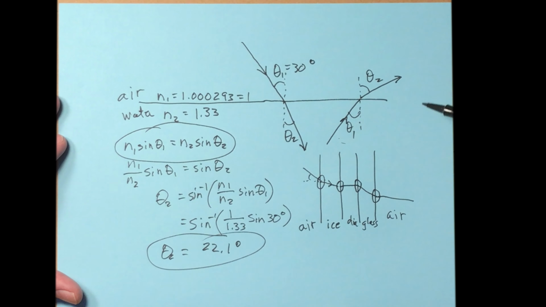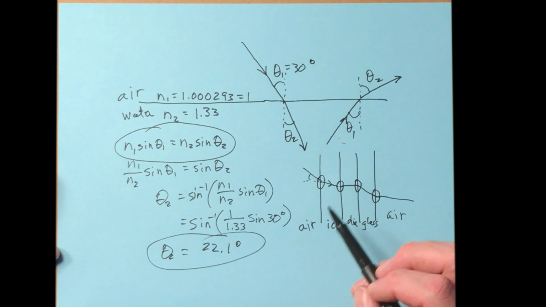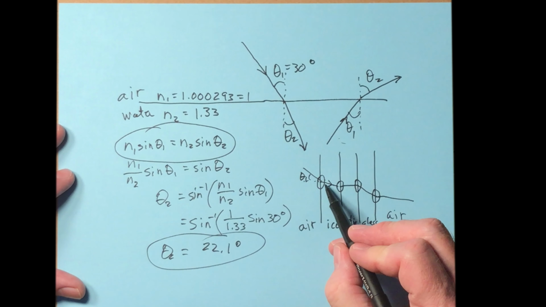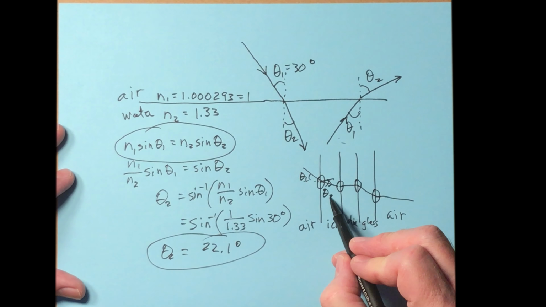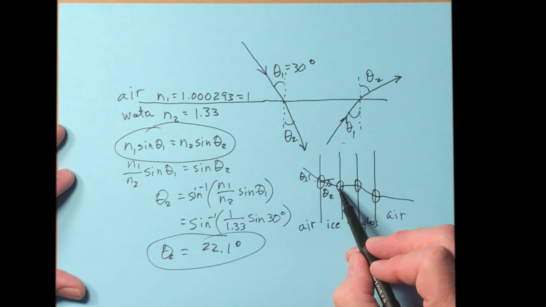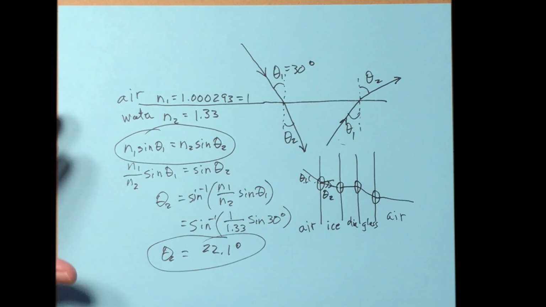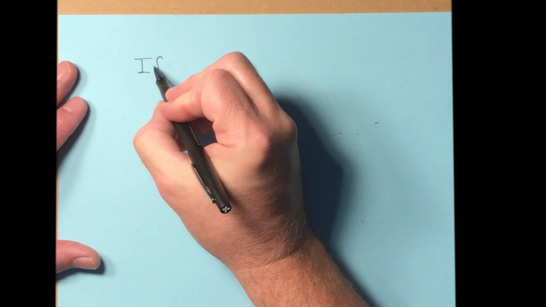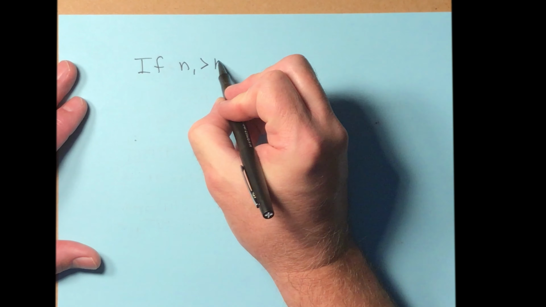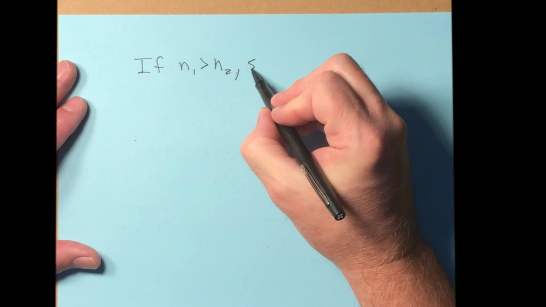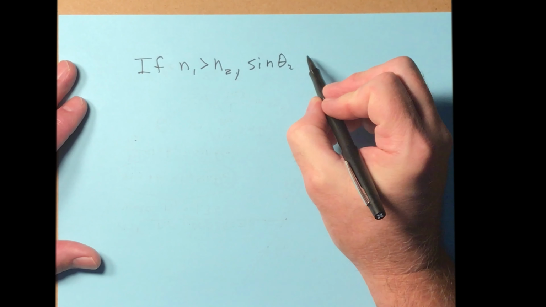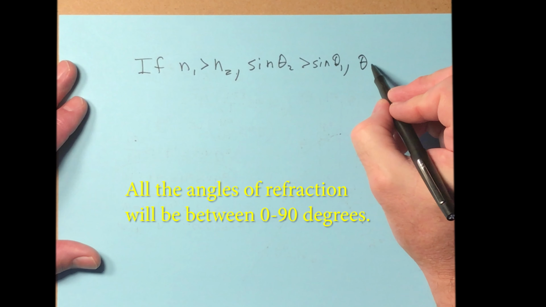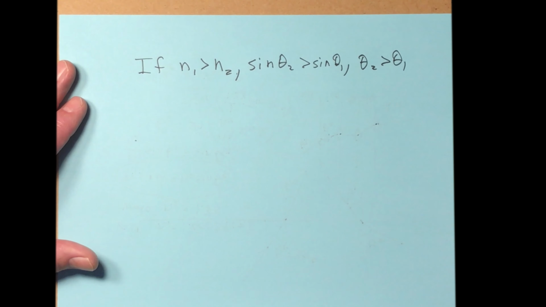So this is the basic idea, Snell's law, and you realize that for this first one here, this would be theta 1, the angle here would be theta 2, but then theta 2 becomes theta 1 for the next interface, and so forth. So you can see then, if N1 is greater than N2, then that means the sine of theta 2 is greater than the sine of theta 1, which also means that theta 2 is greater than theta 1.